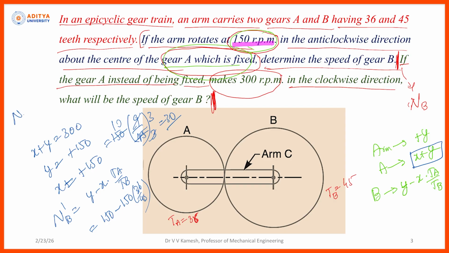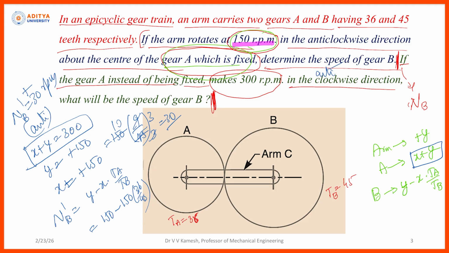So NB dash will be equal to 30 RPM. Because I am getting plus, I can call this still anti-clockwise, right? And you can remember one thing: whenever in the first equation the NB is positive or negative, the same sign will be forwarded to the second condition also, right? This x plus y equal to 300 if it is anti-clockwise.